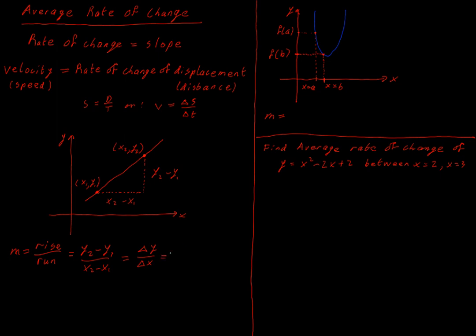And that is, we're now saying, also equal to the rate of change. So the rate of change of y with respect to x would be the long formal way of describing that.